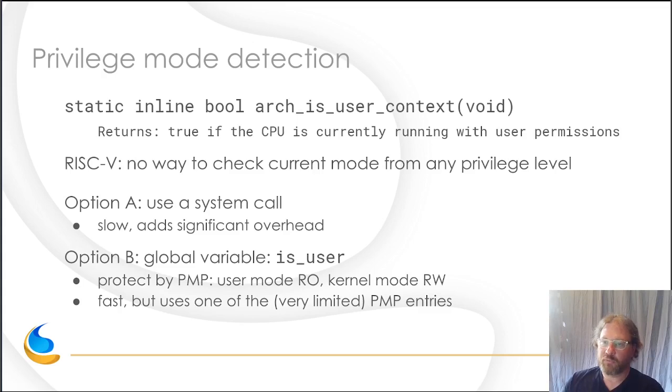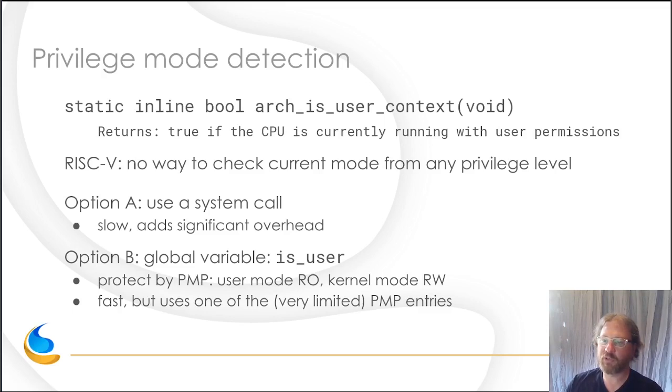So we looked for another way to do this, and the way we ended up with was just using a global variable, or a global region, where we set a flag, and this flag is user. That can be checked from both user mode and from kernel mode. This is just a 4-byte region that we protect with the PMP.